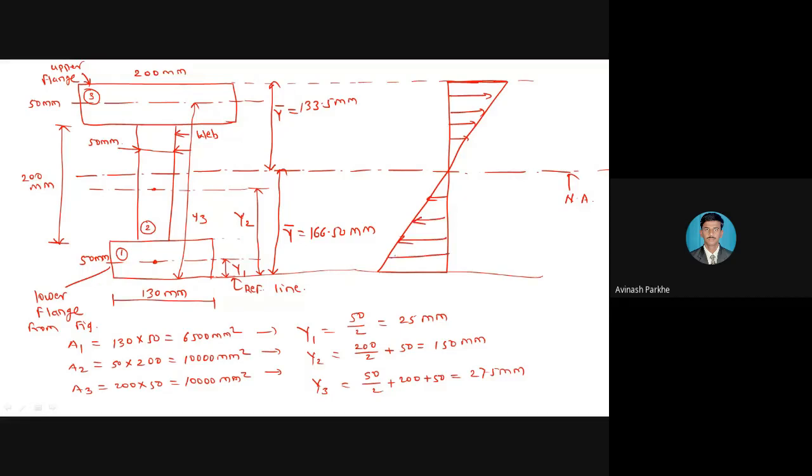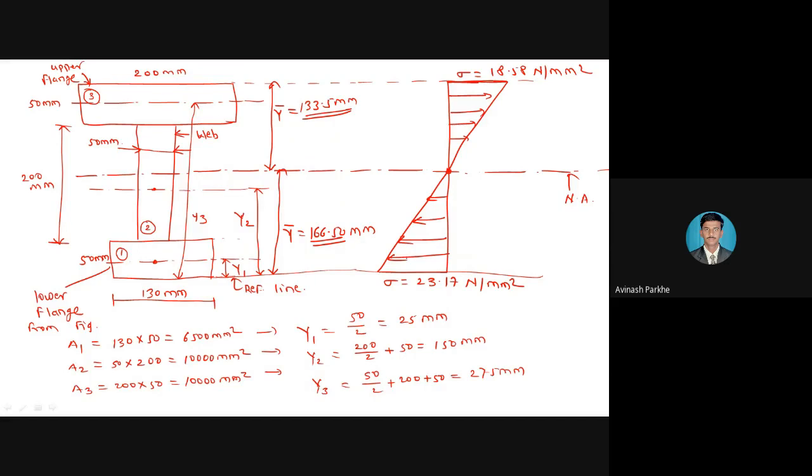The bending stress is 0 at the neutral axis. The top sigma, above the neutral axis, is equal to 18.58 Newton per mm square, which is calculated by using 133.5, and the bottom sigma is equal to 23.17 Newton per mm square, which is calculated by using 166.50.